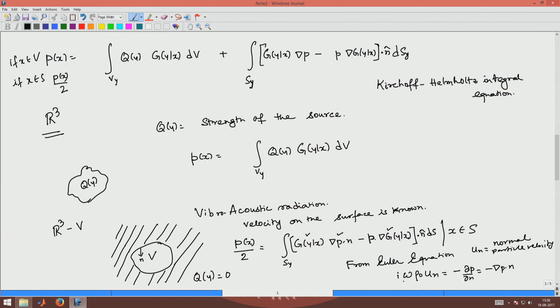Right. So, therefore, in one of the earlier classes I made a remark that any vibroacoustic source can be decomposed into only monopoles and dipoles, and the Kirchoff Helmholtz integral equation is the answer to that question. Through the Kirchoff Helmholtz integral equation, all the sources have been reduced to an integration over either the Green's function or the normal derivative of the Green's function.